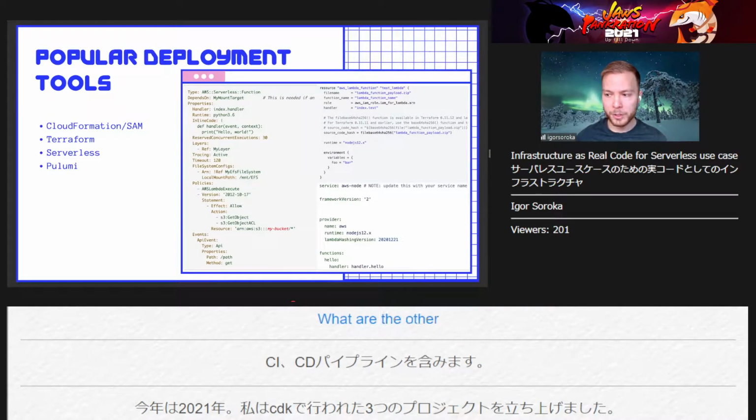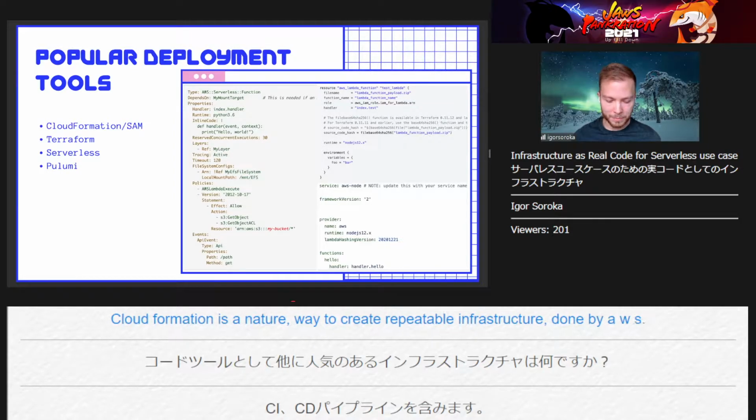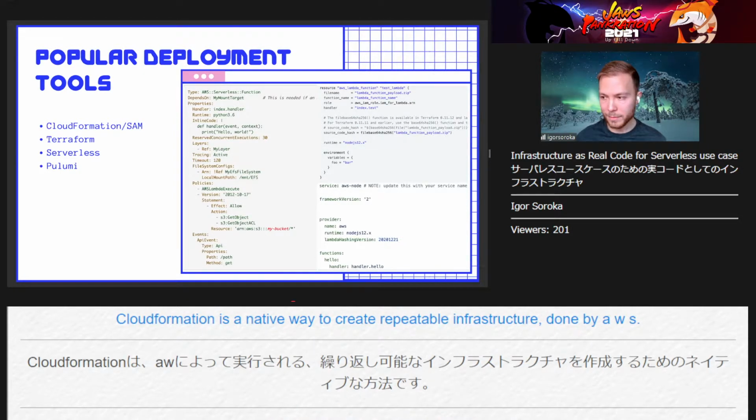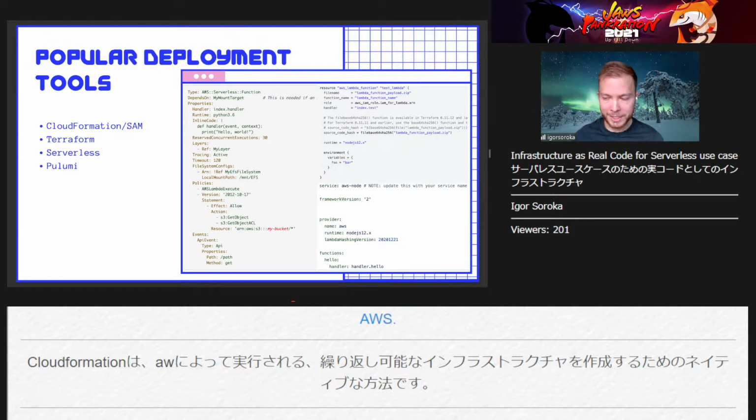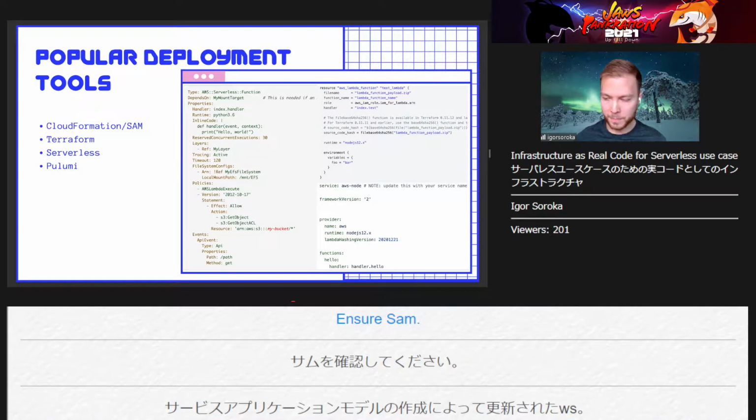What are the other popular infrastructure as code tools? CloudFormation is a native way to create repeatable infrastructure done by AWS. AWS updated it by the creation of the Serverless Application Model. In short, SAM. It is CloudFormation on steroids for serverless use case.